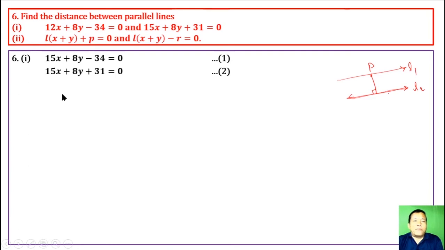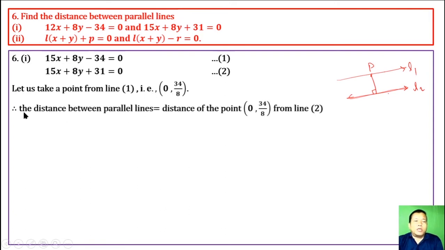These two lines are parallel as 15 by 15 and 8 by 8 are equal. Their slopes are equal. Let us take a point from line 1. Put x equal to 0, y is 34 by 8. Therefore, the distance between the parallel lines is the distance of the point 0, 34 by 8 from line 2.